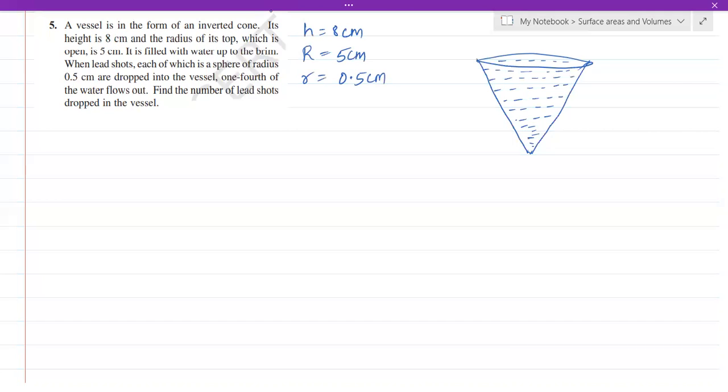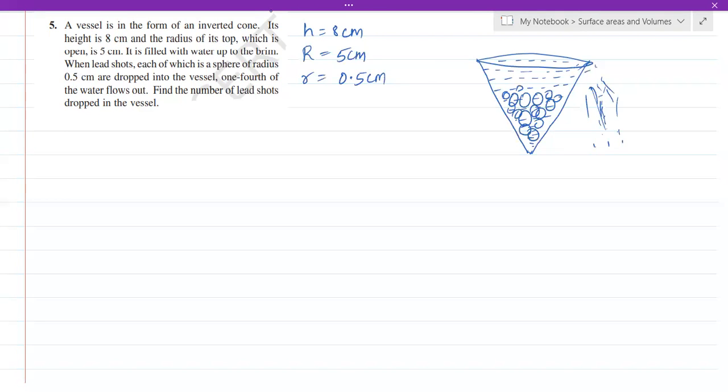Now, what happens if we drop some lead balls, that is lead spheres, into this completely filled bucket? Definitely some amount of water will flow out, isn't it?